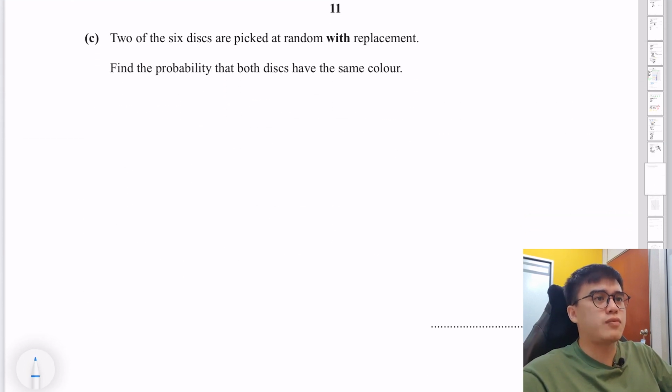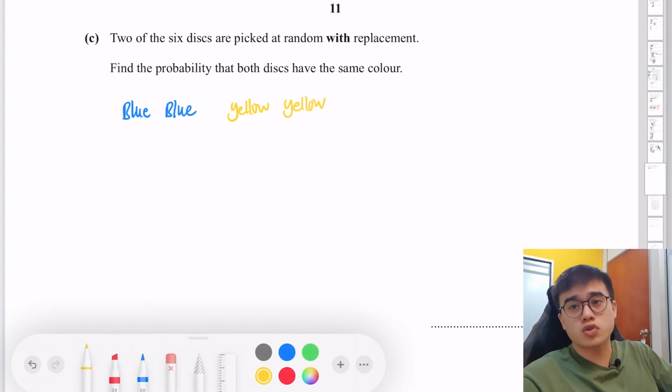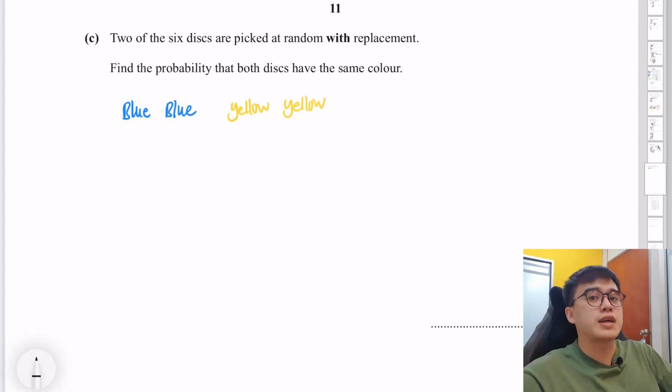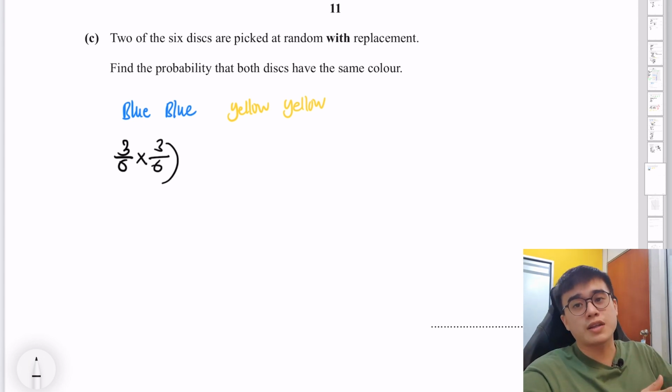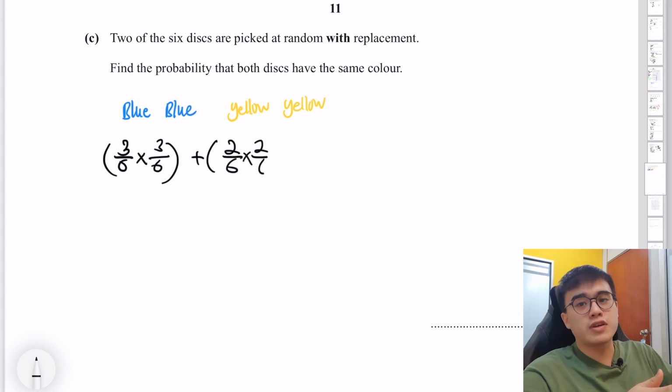As for part C, we have blue, blue and yellow, yellow, but this time around with replacement. So normally this is what students come up with because they thought that only 2 and above will be taken into consideration. So I will proceed with a calculation here first. I get 3/6 times 3/6, while 2/6 times 2/6 to represent the yellow part.